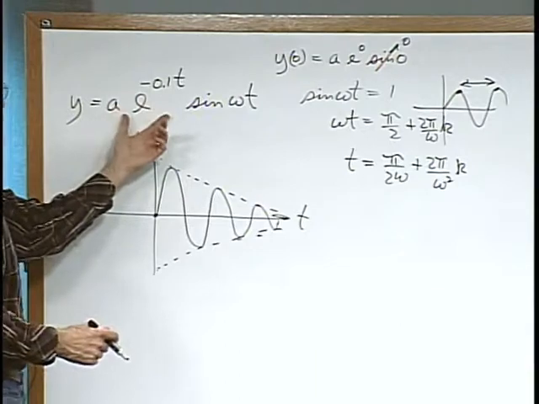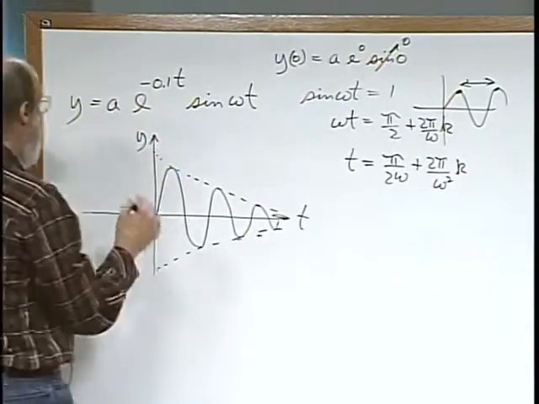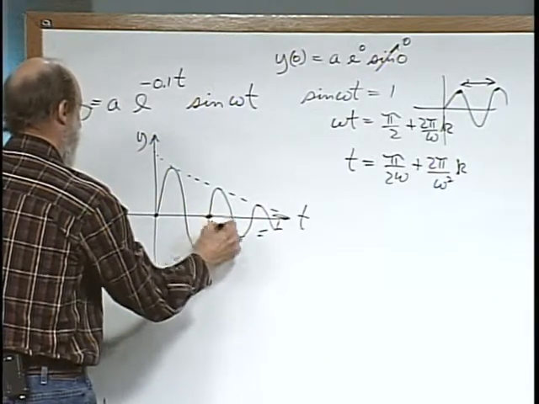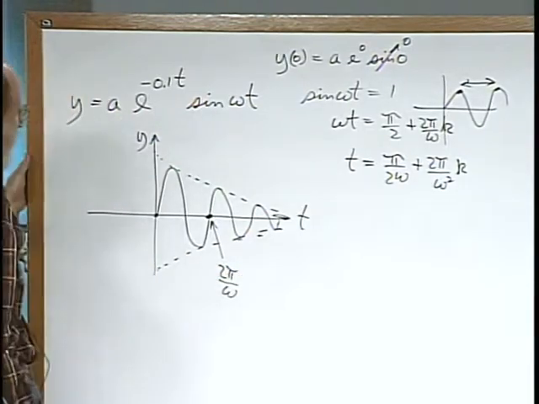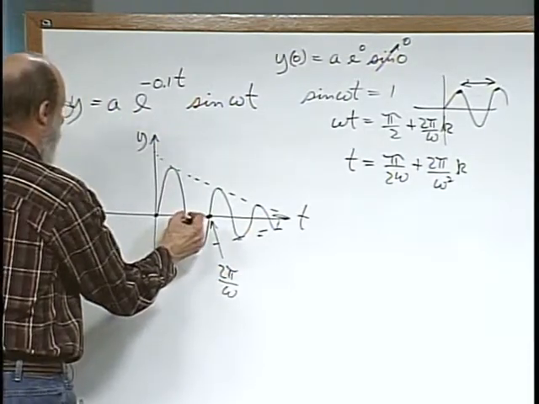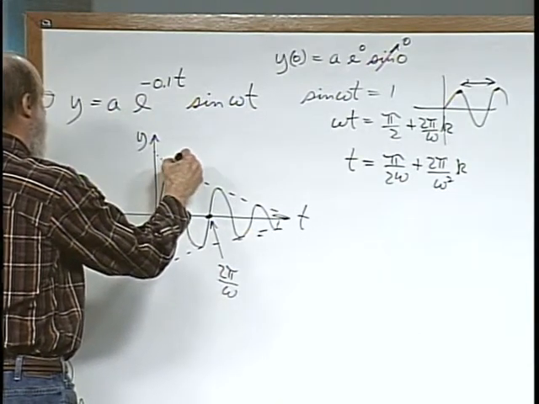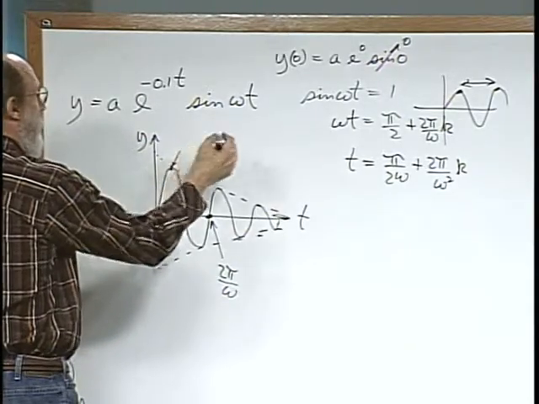This could be thought of as a simple, pseudo-damped oscillator. The period here, again, is going to be 2 pi over omega, which means that the crest of the sine portion right here is going to occur at pi over 2.